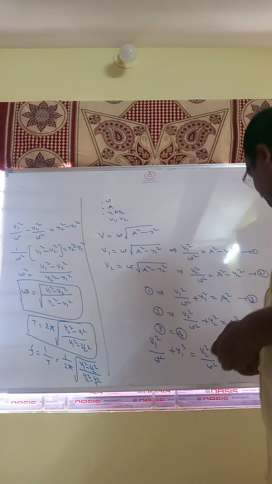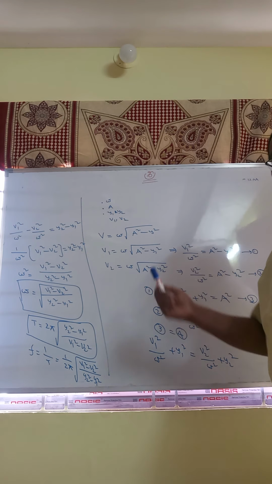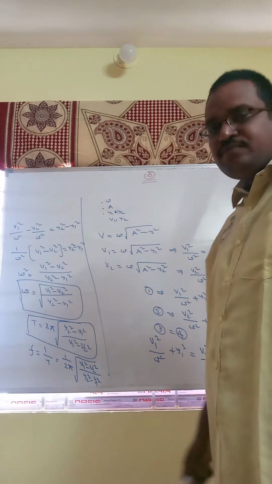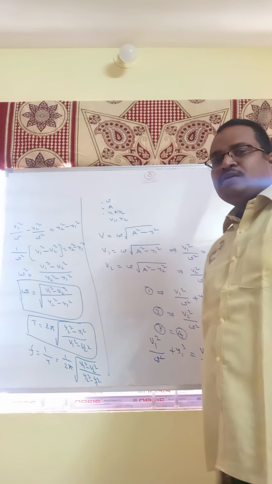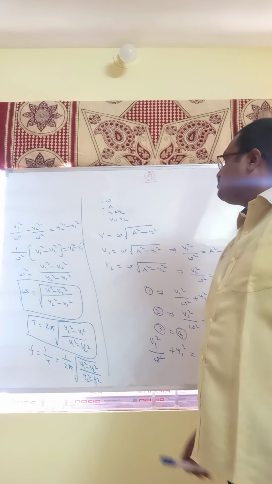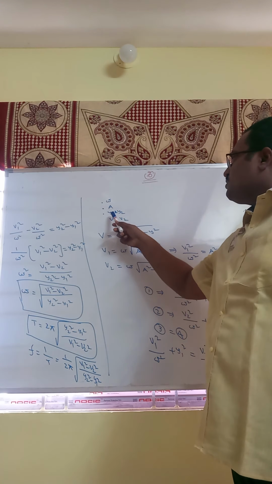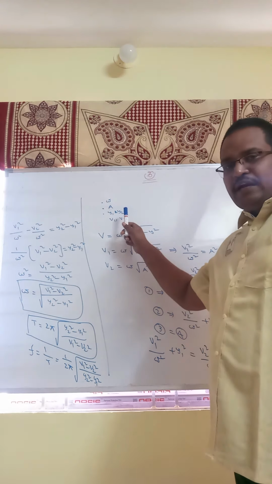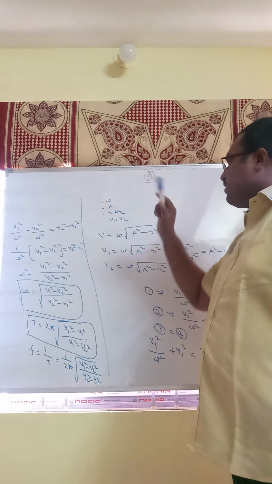Once again, I am repeating this one. If a particle is moving with angular velocity omega, with amplitude a, and the particle has displacements y1 and y2, at y1 its velocity is v1 and at y2 its velocity is v2.